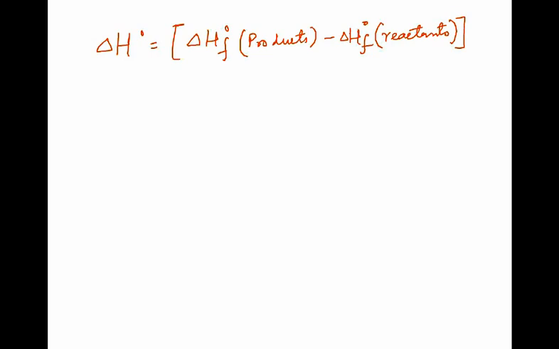Let us find out. Minus 111.3, that is the carbon monoxide that is being formed, and we also have to add minus 241.8, which is the heat of formation of water vapor, and we will subtract from this the heat of formation of carbon dioxide, because hydrogen in its gaseous or elementary state will be regarded as 0.